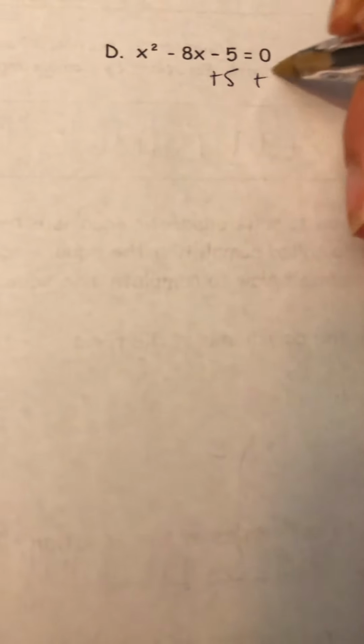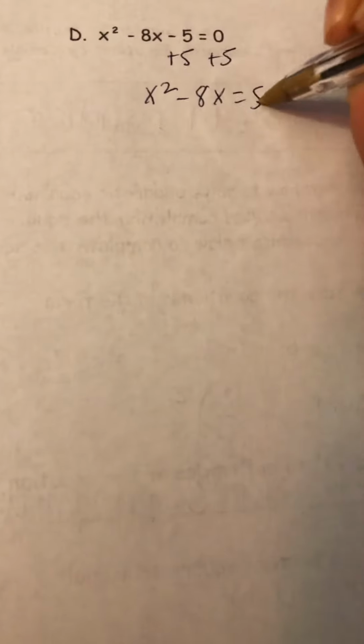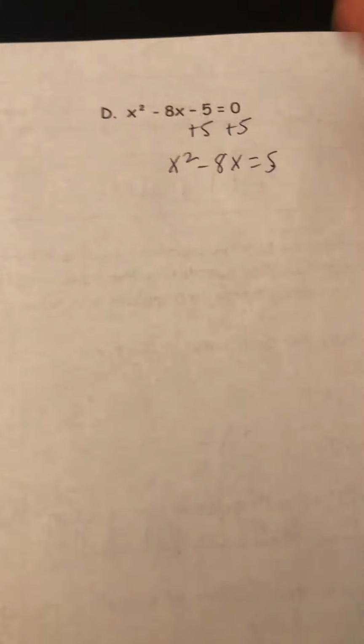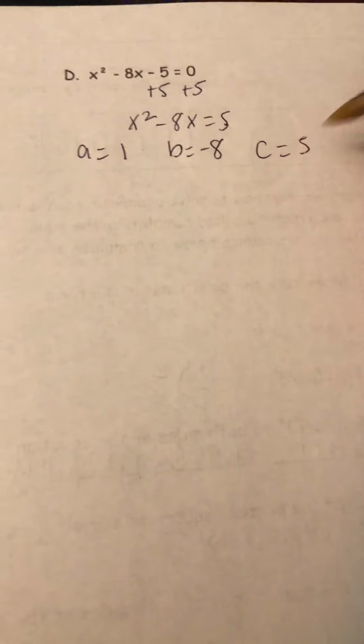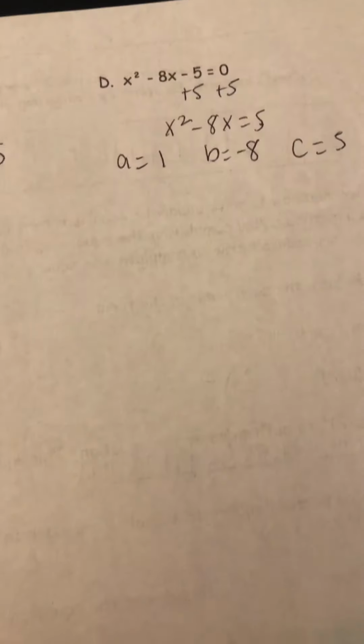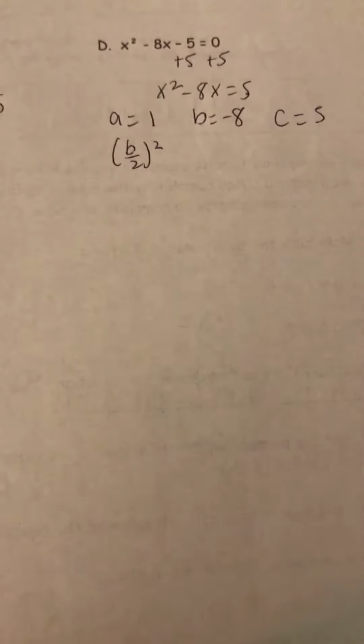All right, letter D. X squared minus 8x minus 5 is equal to 0. I need that C term to get moved. So I get x squared minus 8x is equal to 5. My A is 1, my B is negative 8, and my C is 5. Now I have to find B over 2 squared.